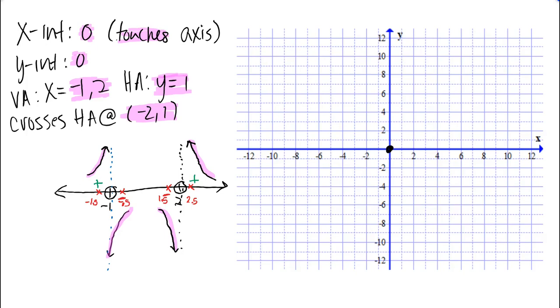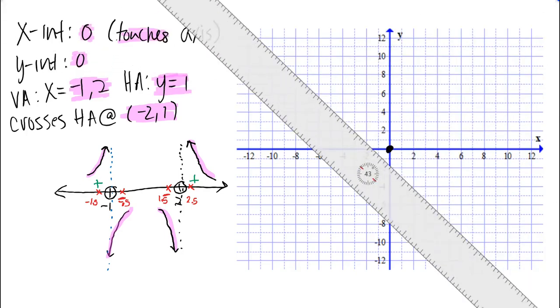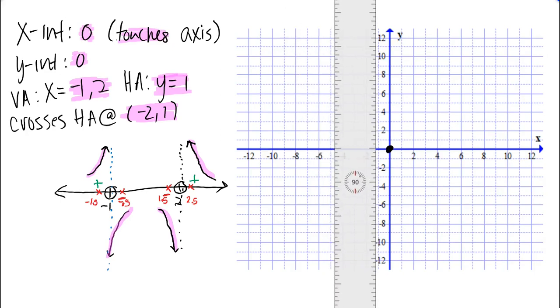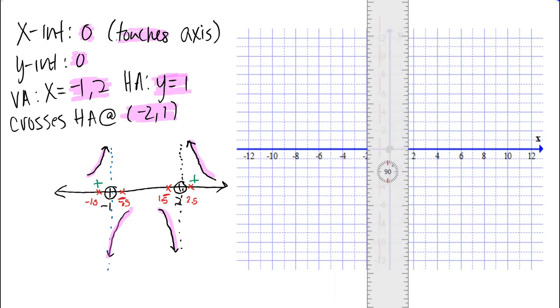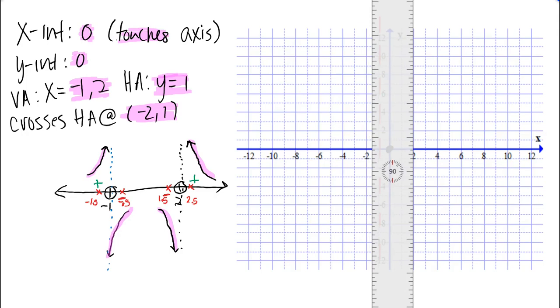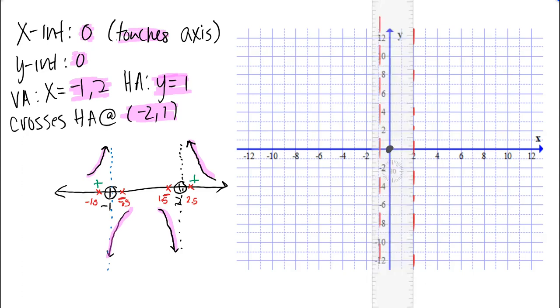I'm going to draw a vertical asymptote at x equals -1. And another vertical asymptote at x equals 2. Sketching these lines out helps you. It guides you how to draw the graph.